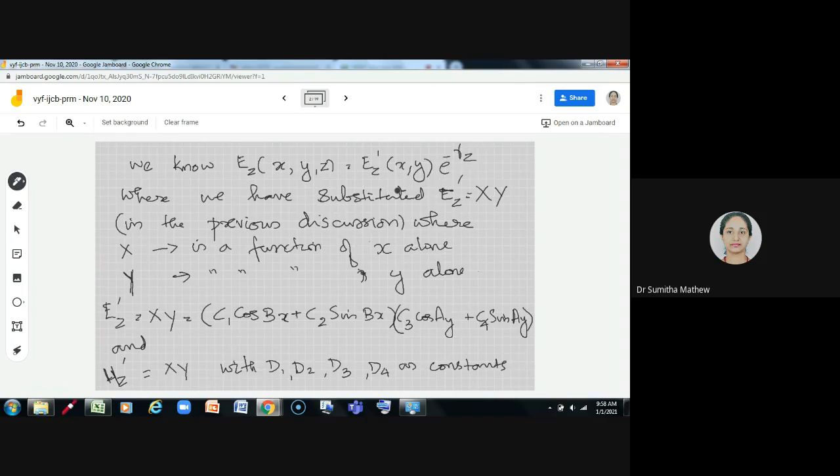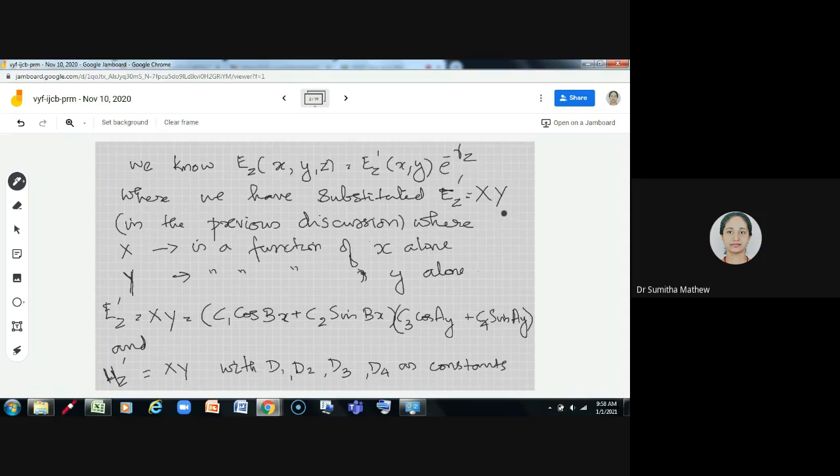Gamma is the propagation constant, as you know. And in the earlier case for parallel plate waveguides, or starting with finding the solution for the rectangular waveguide, we had substituted Ez dash as equal to X into Y. This also you can refer to those previous slides. Please do.